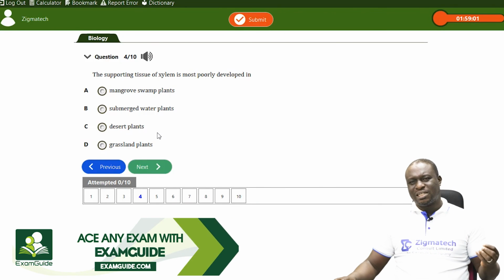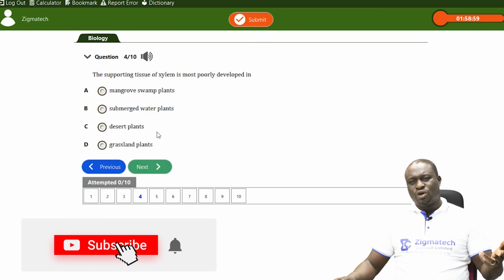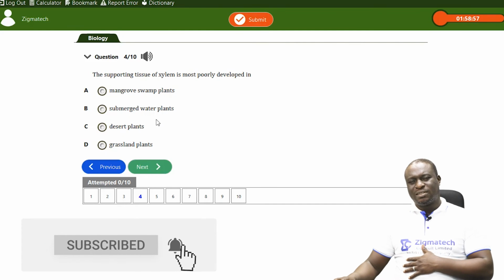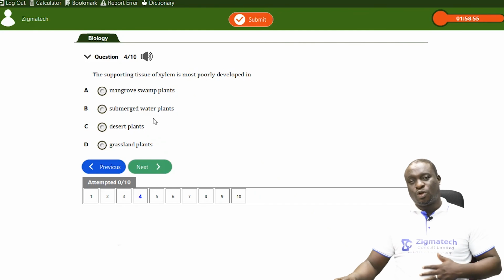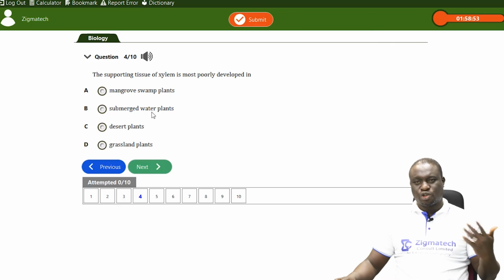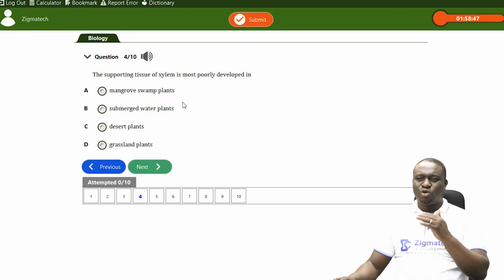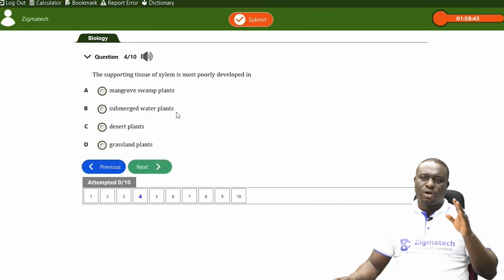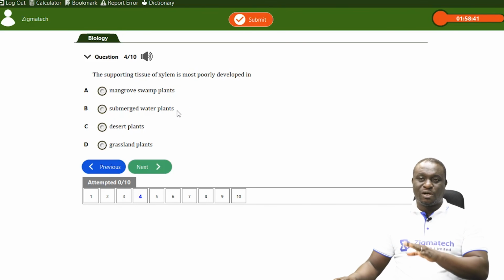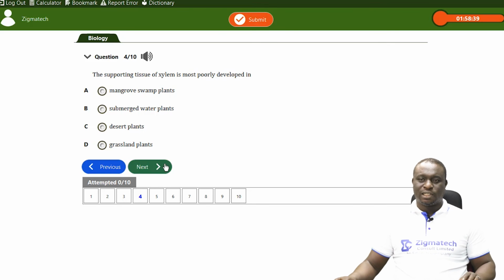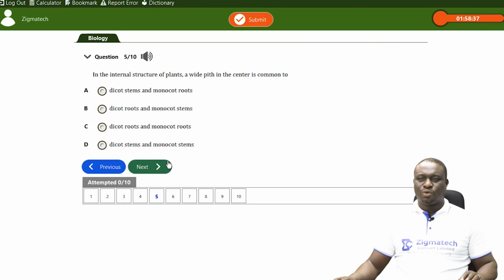So the conduction of water, loss of water will be mostly in terms of this particular plant. So the supporting tissue that is most poorly developed here is mostly in plants that are found in submerged waters.